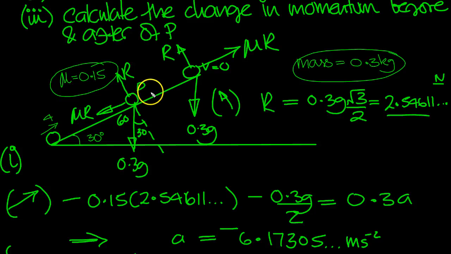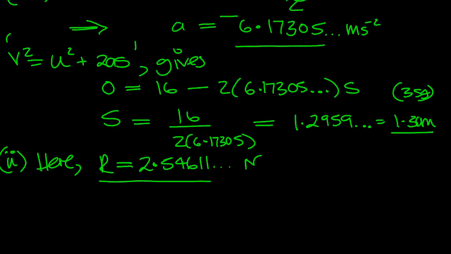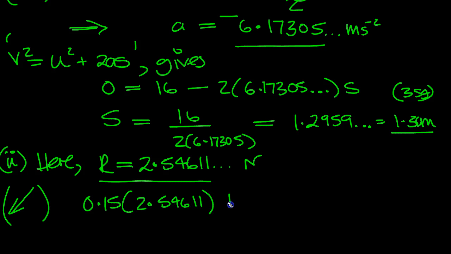Now applying F equals ma downward down the slope then. Let's go down. Apply F equals ma. So you've got mu R, so it's 0.15 times this reaction force, 54611, plus the component of force, 0.3, the weight, times its component cos 60, isn't it?